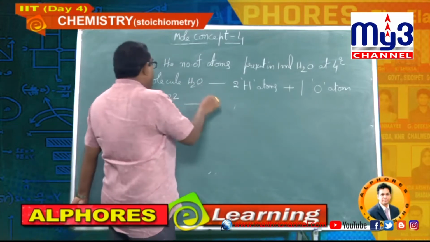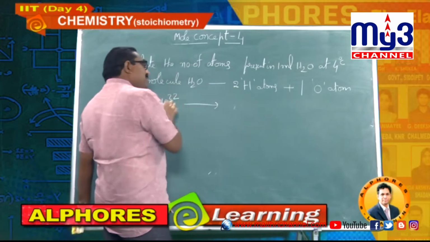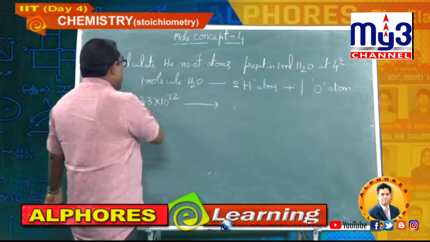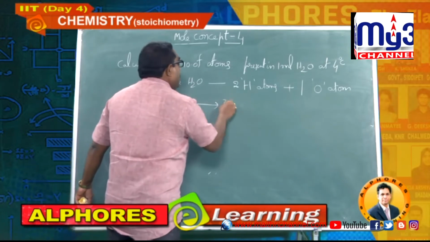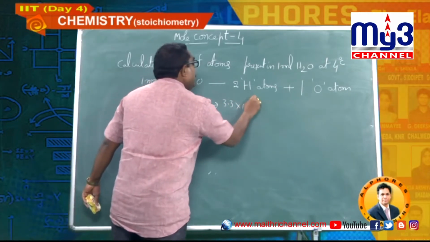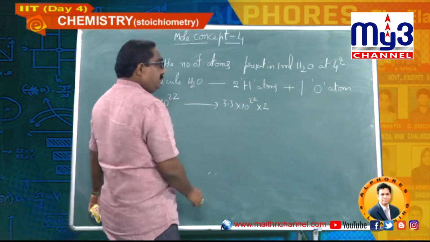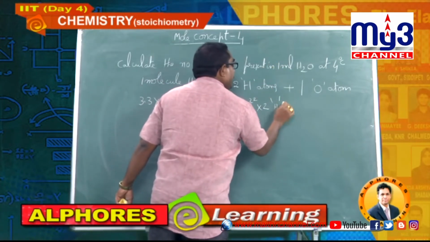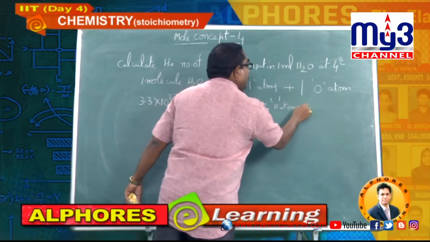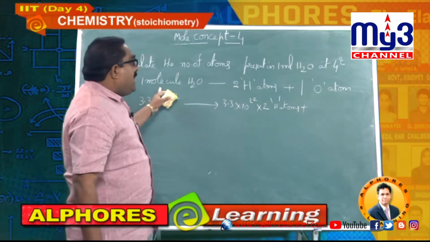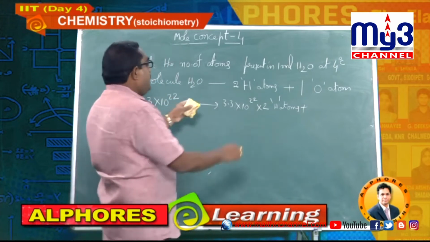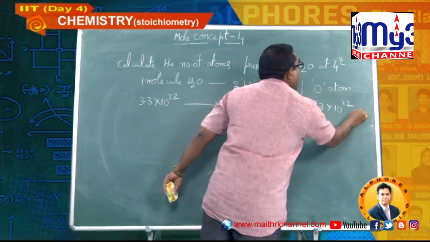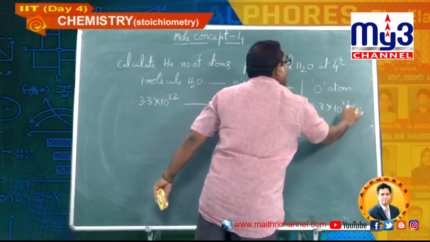Then, 1 pen 2 rupees, 10 pens 20 rupees, the same simple common sense. Right. Now, multiply this: 3.3 into 10 power 22 into 2 hydrogen atoms, plus 1 molecule, 1 atom, so 3.3 into 10 power 22 oxygen atoms.